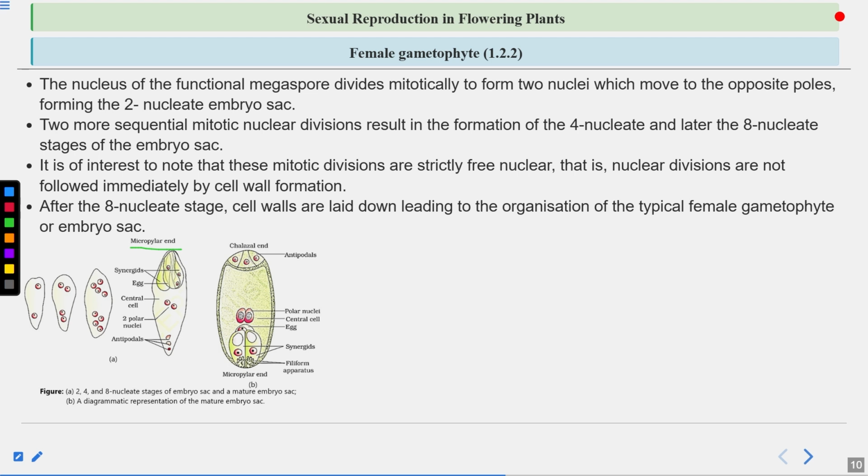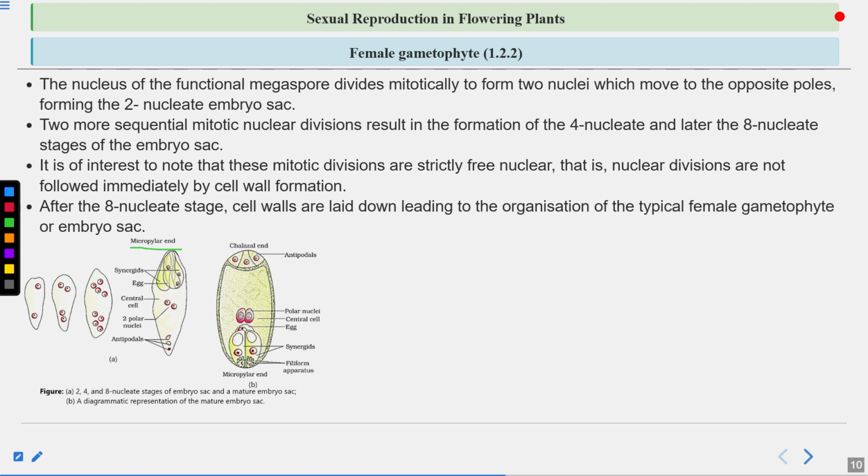What is the function of the synergid then? Synergids contain the filiform apparatus and help to guide the pollen tube to enter inside the synergid cells and release all the content from the pollen tube. So it guides the pollen tube. Very good, this is the function of the synergid cell. What is the function of antipodals?